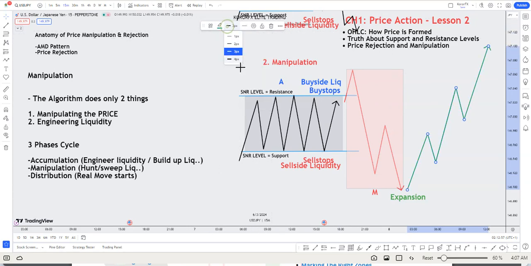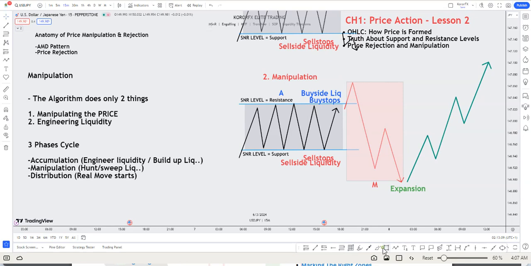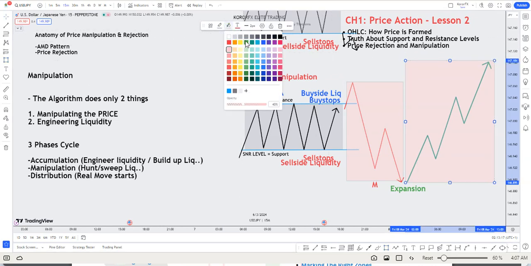The real move starts from this time on, and this is where we call the distribution phase.